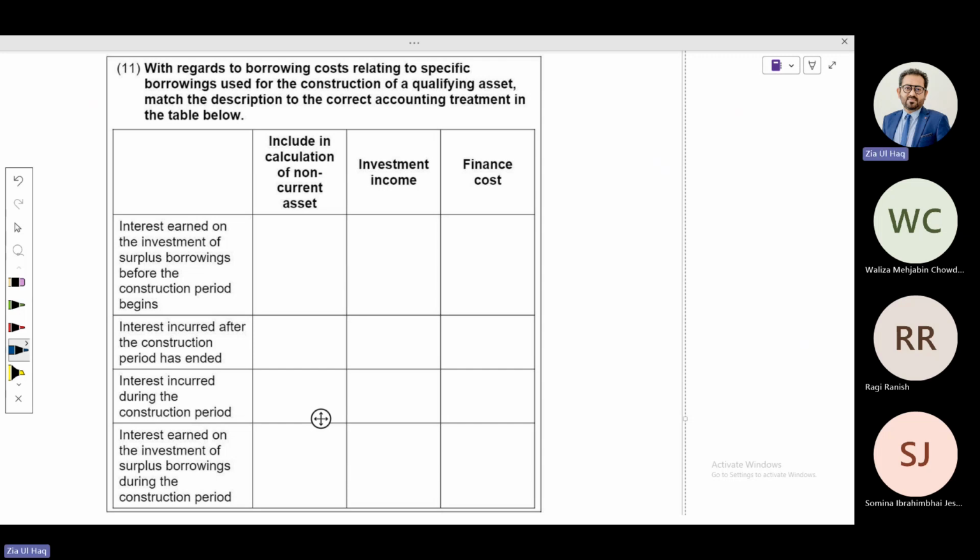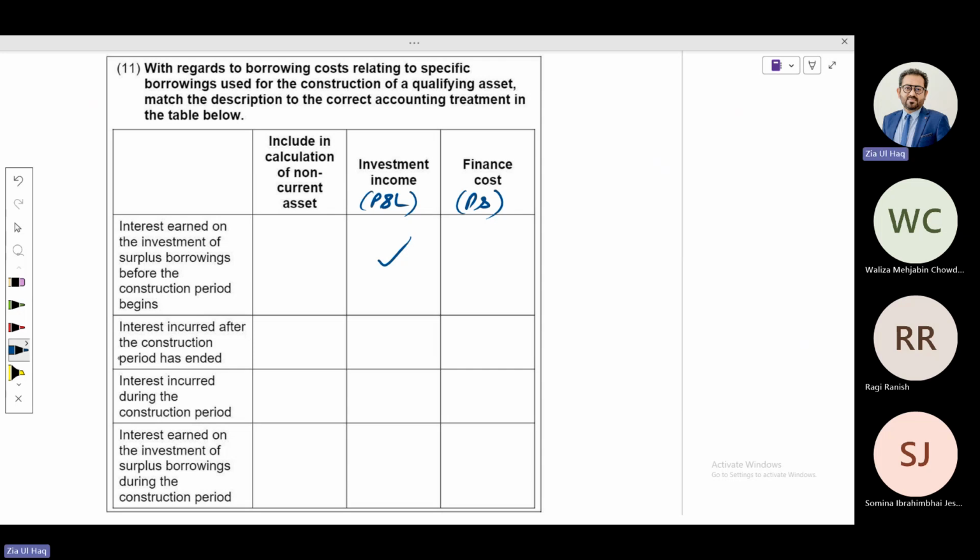Where should any investment income before the construction period be recorded: included in calculation of non-current assets, recorded as investment income in profit and loss account, or recorded as finance cost in profit and loss account? Investment income before construction date, because between construction date and completion of construction, we need to add the borrowing cost and deduct the investment income.